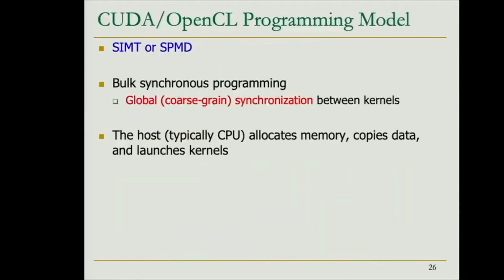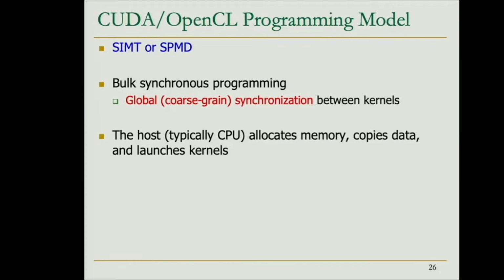CUDA and OpenCL follow, as I said in the beginning, this bulk synchronous parallel programming model. This essentially means that there is no global synchronization inside the kernel. Whenever we talk about a kernel, we are talking about a function that is executed on the device.